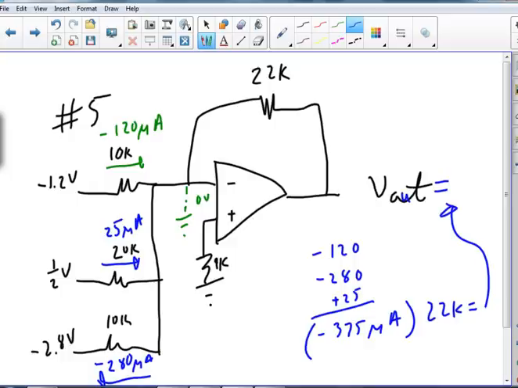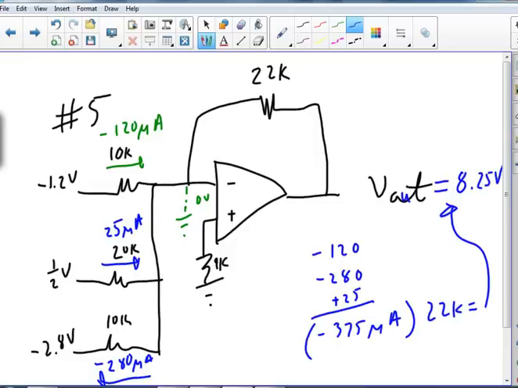Okay, so I got 375E-6 times 22E3. Boom. 8.25 volts.